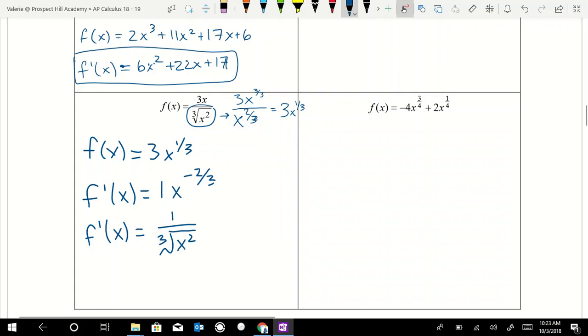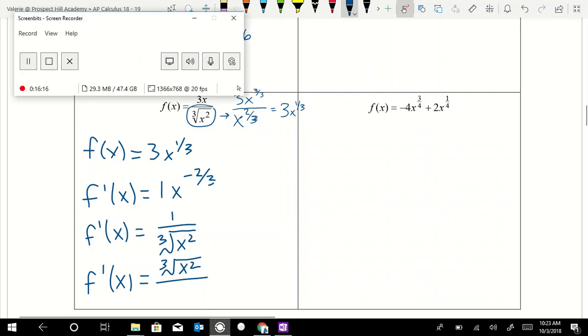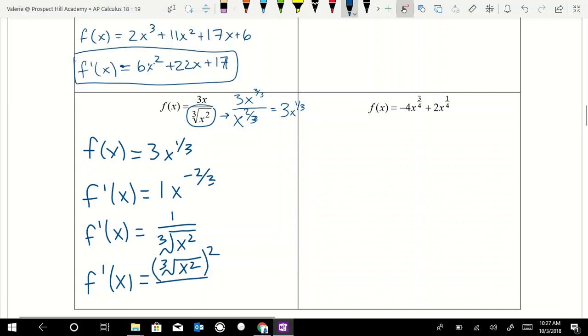And since we can't have a radical in the denominator, we can rewrite this as f prime equals cubed root of x squared all over x squared. All right, so let's move on to the next page.